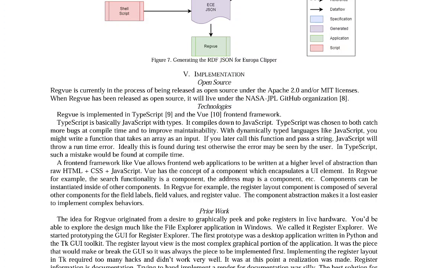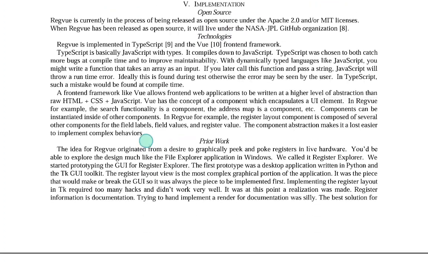In Regvue, for example, the search functionality is a component, the address map is a component, etc. Components can be instantiated inside of other components. In Regvue, for example, the register layer component is composed of several other components for the field labels, field values, and register value. The component abstraction makes it a lot easier to implement complex behaviors.